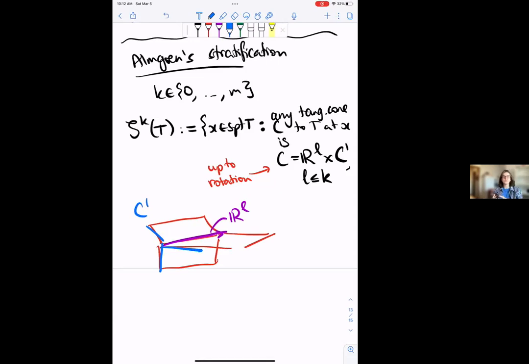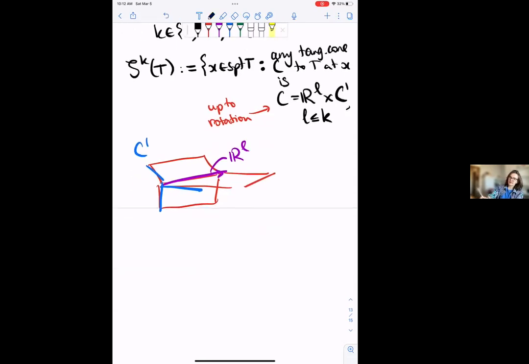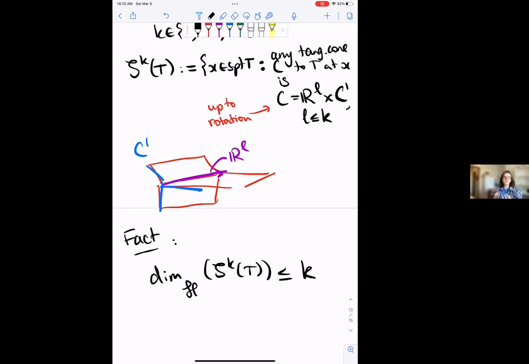So C prime encodes the asymmetry of your tangent cone, and this R^L is all the directions in which you have symmetry. In fact, due to Almgren, the Hausdorff dimension of the kth stratum of T is no bigger than k. So essentially, the points with the most asymmetry are the most sparse somehow. You're less likely to see these points, right?